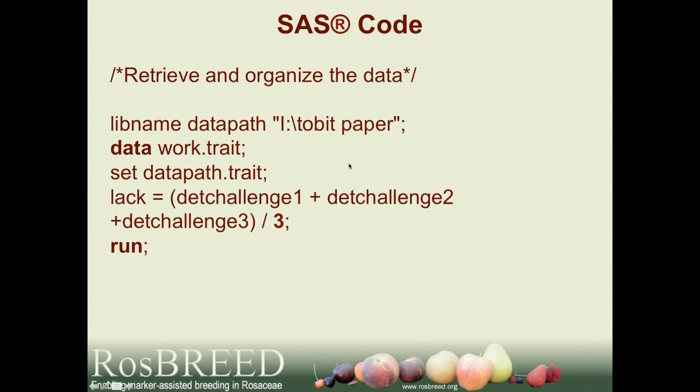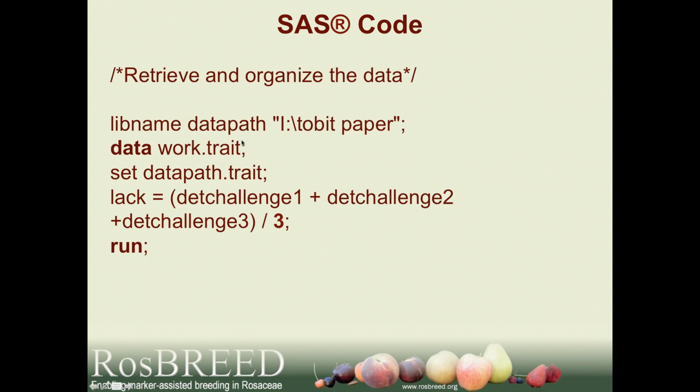Then this is the SAS code we used to import the dataset into SAS. Before you can use a SAS dataset, you have to tell SAS where to find the dataset. You do that by setting up a SAS library. The first code is Libname.